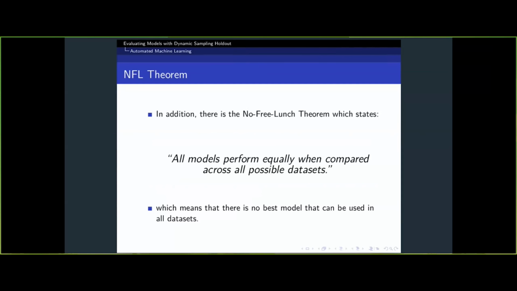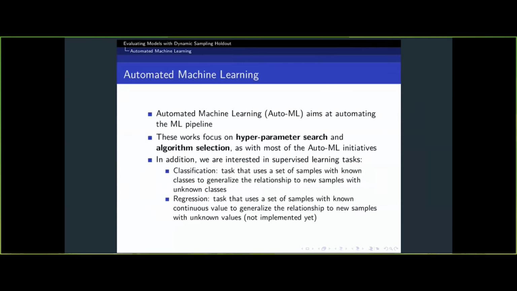So, automated machine learning arises basically from this context. When you have so many possibilities to search and no single rule for how to choose. So we need a technique that can search across the search space to find for us the best models, okay?